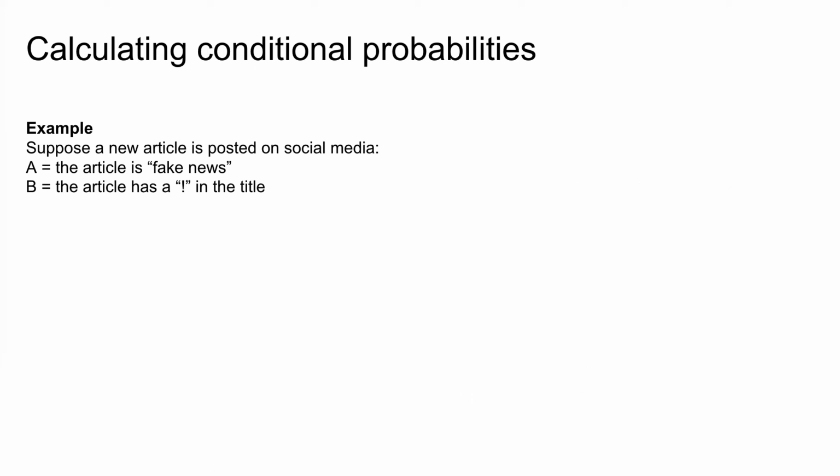Now that we have a sense for the concept of conditioning on given information, let's explore how we can calculate conditional probabilities in practice. As an example, suppose that a new article is posted on some social media site. Let A be the event that the article is fake news, and B be the event that it has an exclamation point in the title.